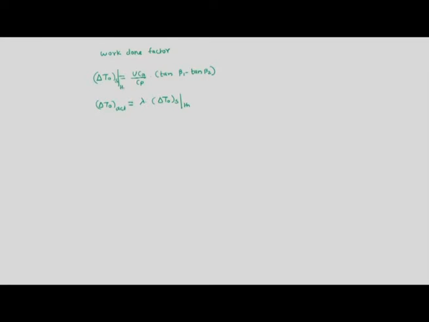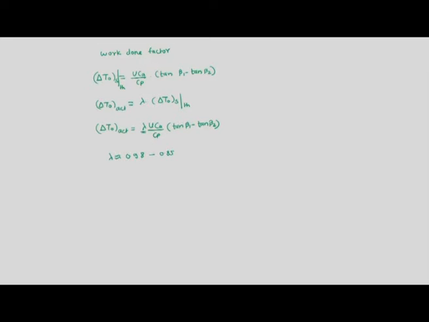So this is theoretical, and then this leads to delta T naught actual is equal to lambda into U Ca divided by Cp into tan of beta 1 minus tan of beta 2, and this lambda actually has a range generally in between 0.98 to 0.85.